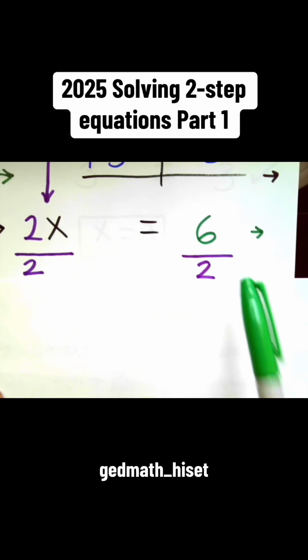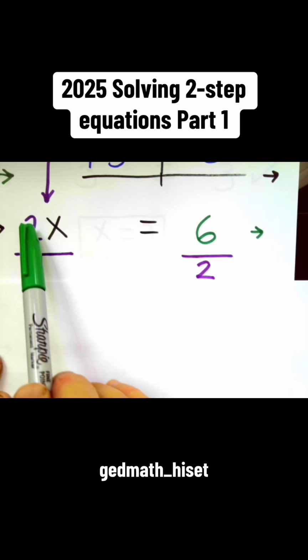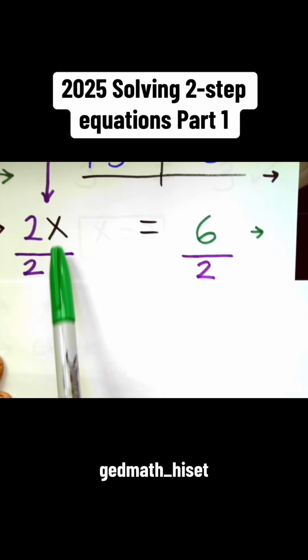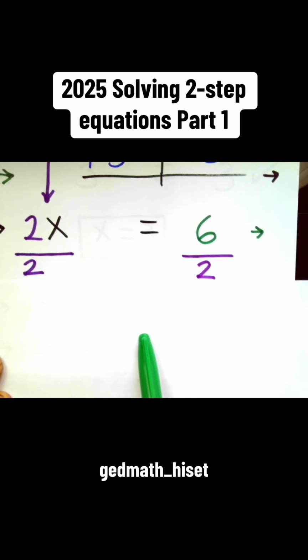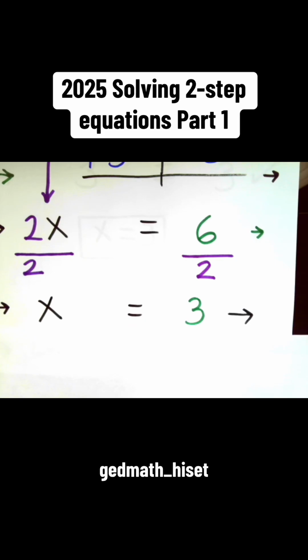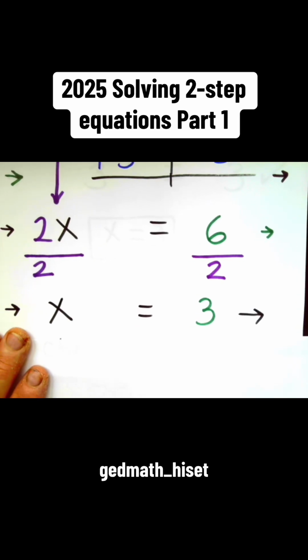The inverse or the opposite is to divide. But what I do to one side of the equal sign, I've got to balance my equation and do to the other side of the equal sign. 2 divided by 2 leaves me with 1x equals what's 6 divided by 2? 6 divided by 2 is 3. So now I know what the value of x equals.